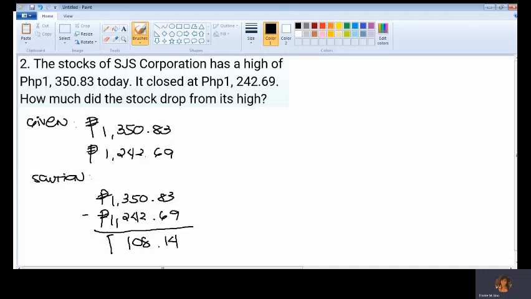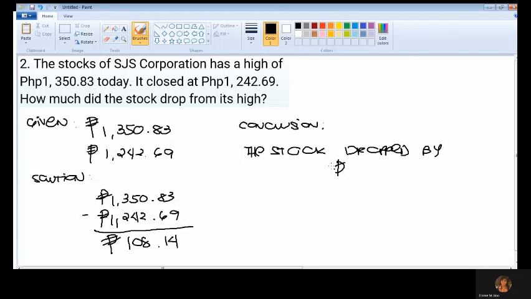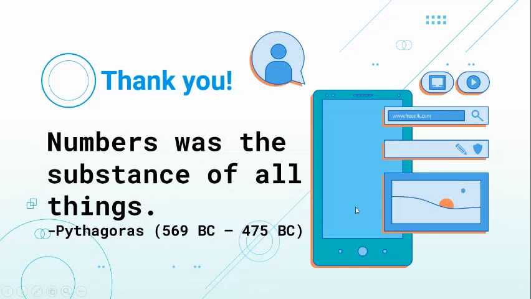Don't forget the value sign. So therefore, your conclusion: the stock dropped by 108.14 pesos.